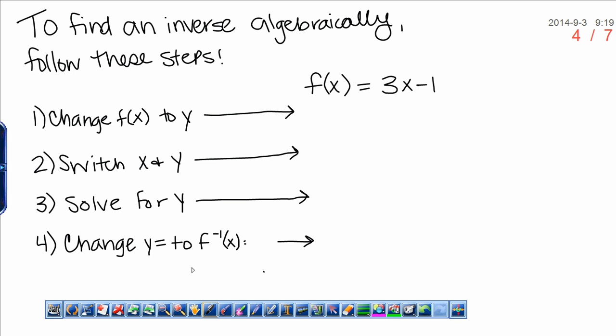So I'm giving you the function f of x is equal to 3x minus 1. The first thing I would recommend you do is change f of x to y. So I'm going to rewrite this as y equals 3x minus 1.